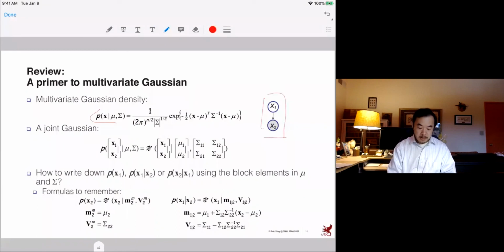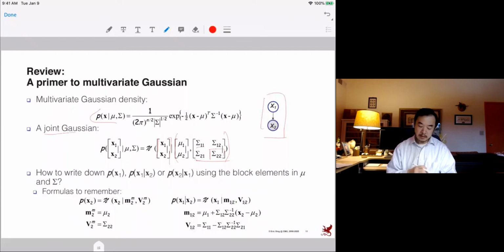A joint Gaussian can be defined by a stacking vector of two subvectors X1 and X2, and their distribution can be defined by a stacked, concatenated mean of the two submeans, and also a bigger covariance matrix in which there is the self-covariance matrix of X1, the self-covariance matrix of X2, and also the cross-covariance matrices between 1 and 2 and 2 and 1. Remember, X1 and X2 are two vectors. Okay, so this is just the definition of the joint Gaussian distribution.